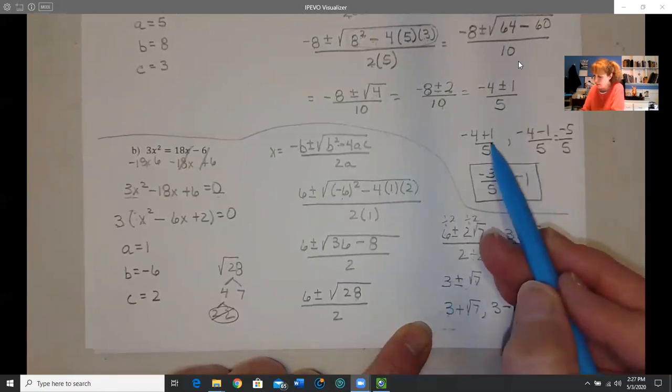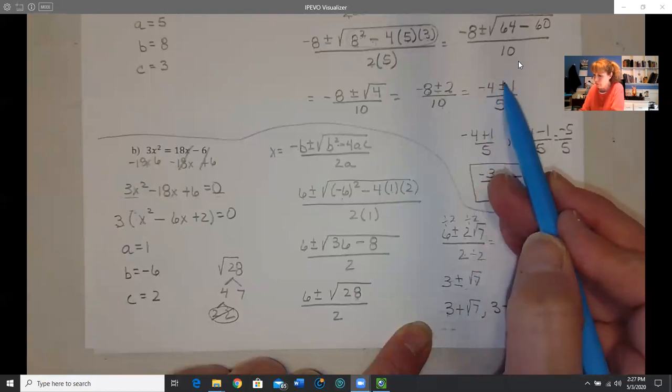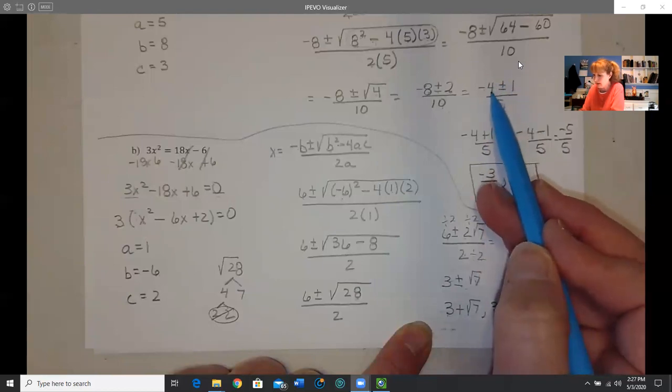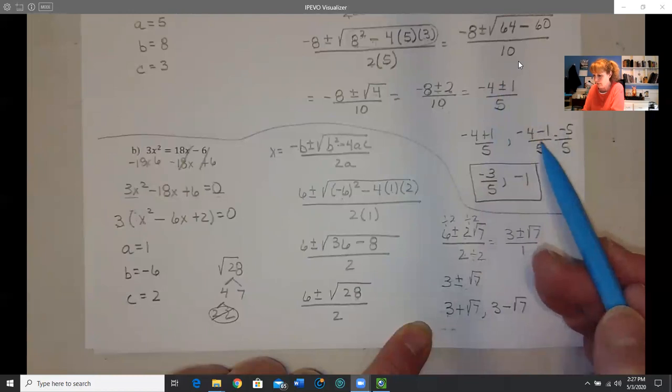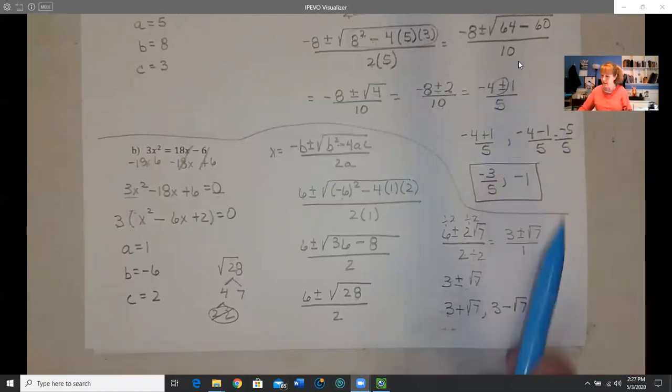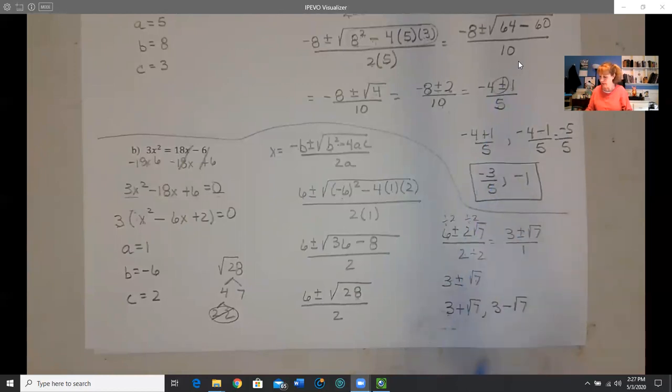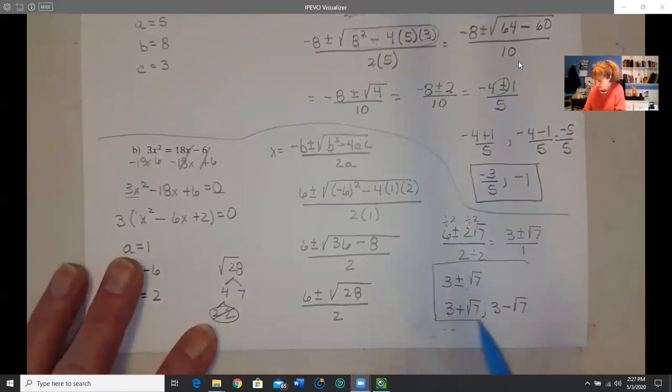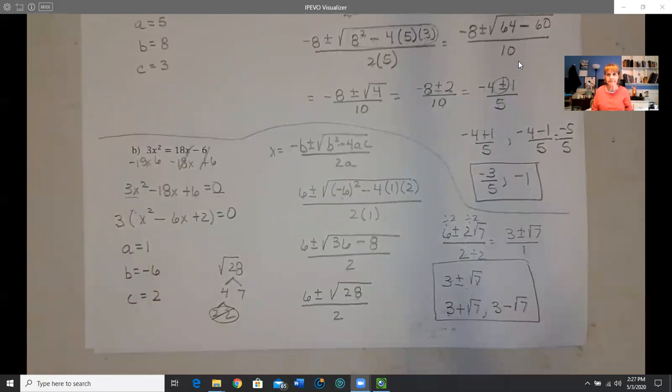It's really the same thing that we did up here: negative 4 plus 1 over 5, and negative 4 minus 1 over 5. Split those, and then we could simplify. Here you can't. But there's your answer.